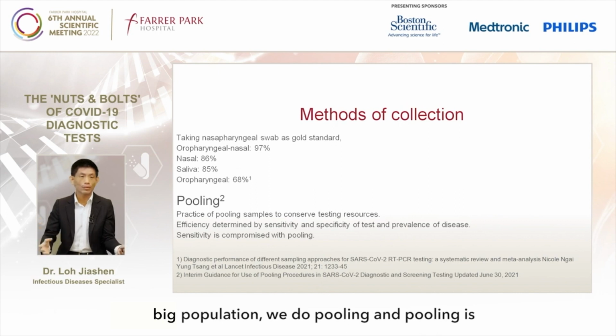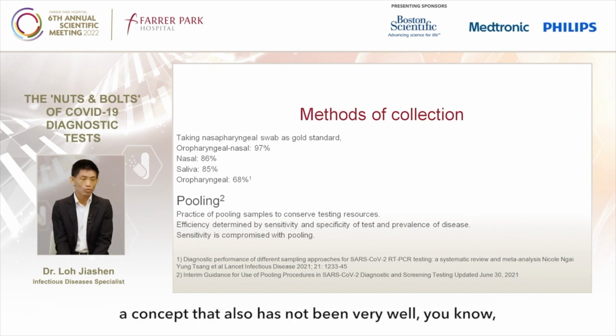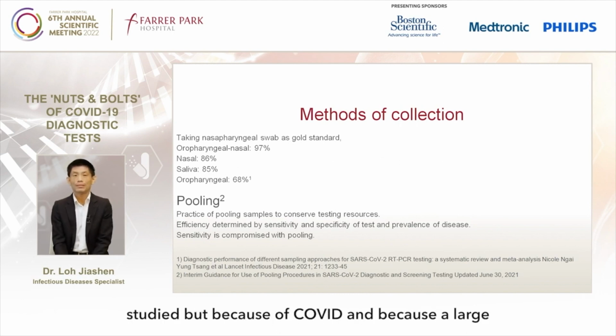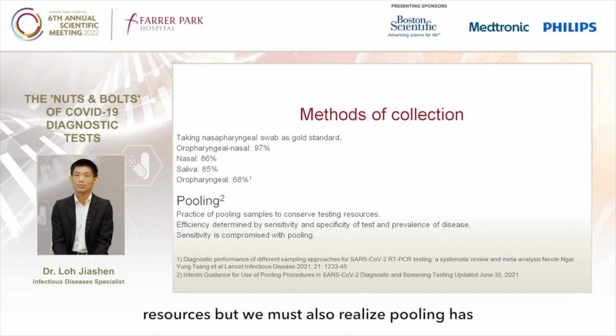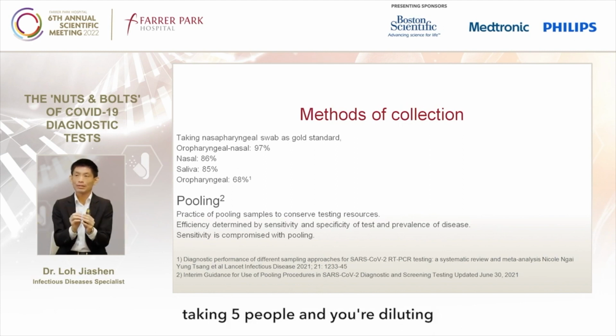And so then the other thing we do to screen a big population is pooling. Pooling is a concept that also has not been very well studied, but because of COVID and the large amount of testing that we have to do every day, pooling is an effective way to save testing resources. But we must also realize pooling has some inherent loss in sensitivity, because you're taking 5 people and you're diluting.